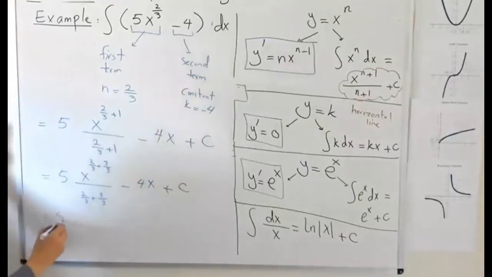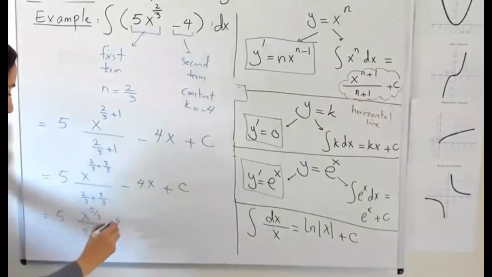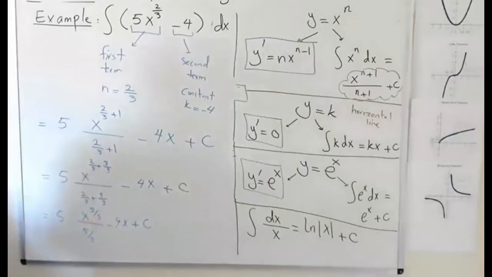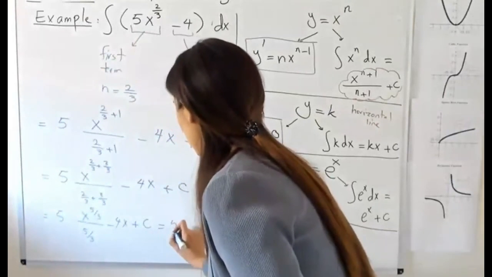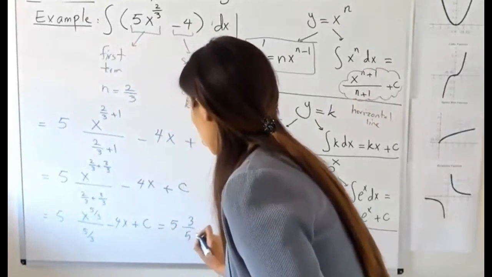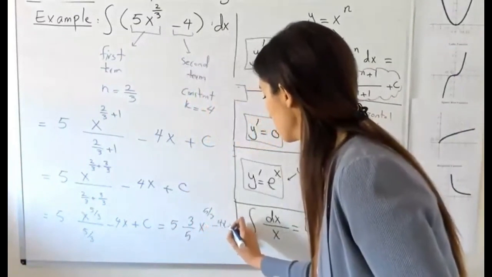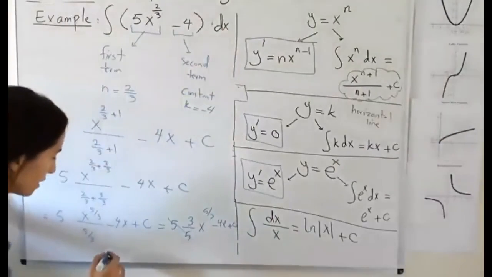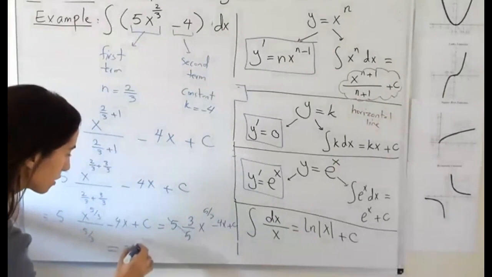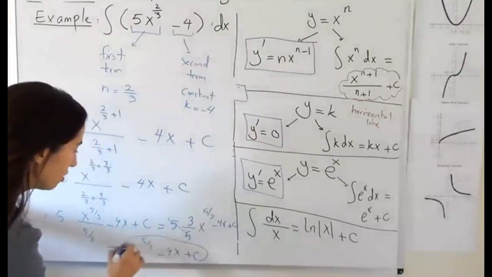So this is 5 times x raised to 5/3 over 5/3 minus 4x plus c. If you flip this fraction, you get 5 times 3/5 x to 5/3 minus 4x plus c. So you can cancel out 5 and 5. The final answer is equal to 3x to 5/3 minus 4x plus constant of integration.